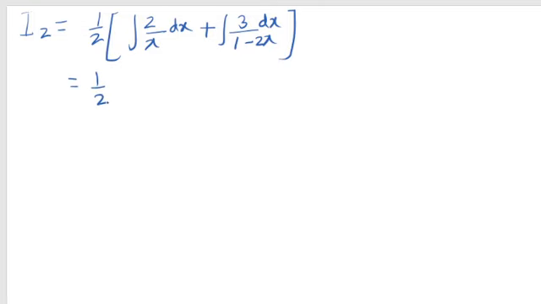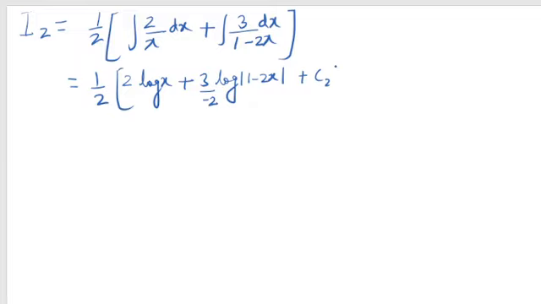This 1 by 2 outside as it is, but the integration will become log x. Right, here 3, integration of this will become log of mod 1 minus 2x, but here the coefficient of x is minus 2, so minus 2 will come here also. Right, and then plus c2 we are taking, because we have given the name I2 c2.